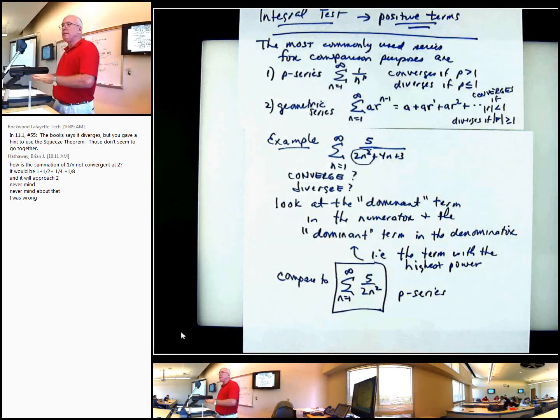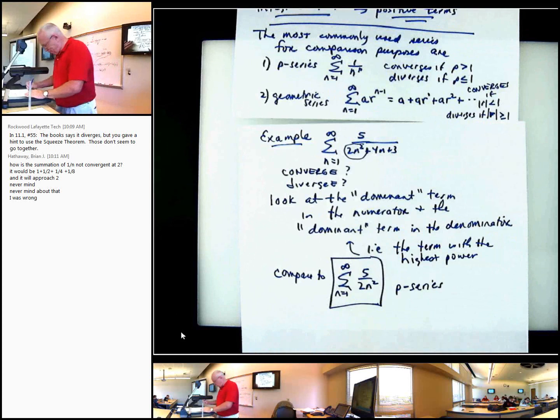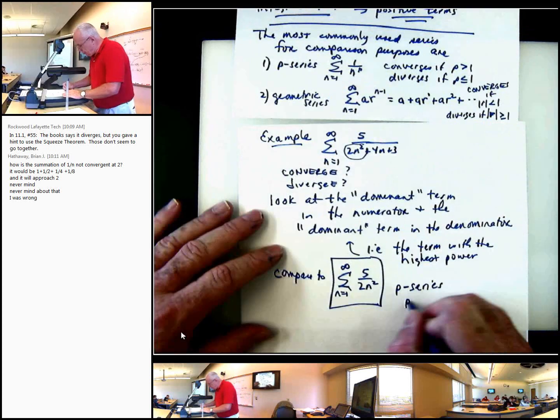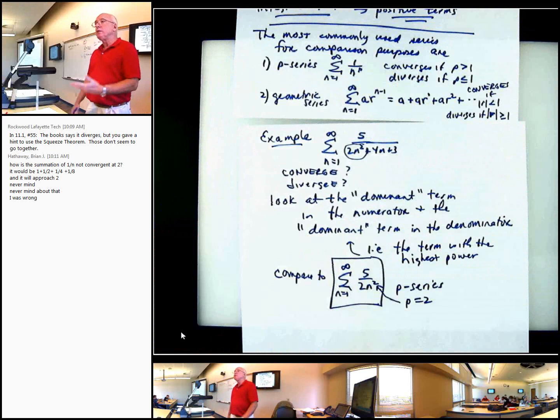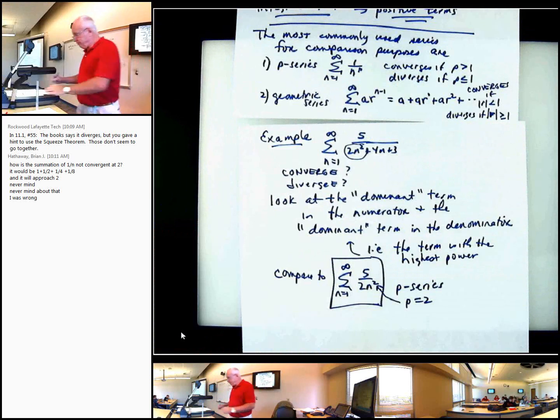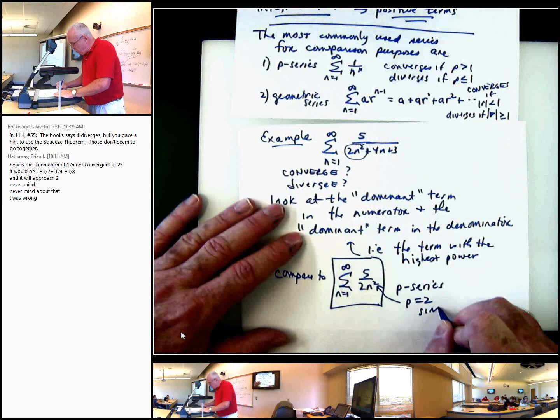And what is the value of p, Jenna, for this particular series then? 2. P is equal to 2. That's our exponent here. All right. So a p-series with p equals 2, that's going to converge. Since p is bigger than 1, it converges.